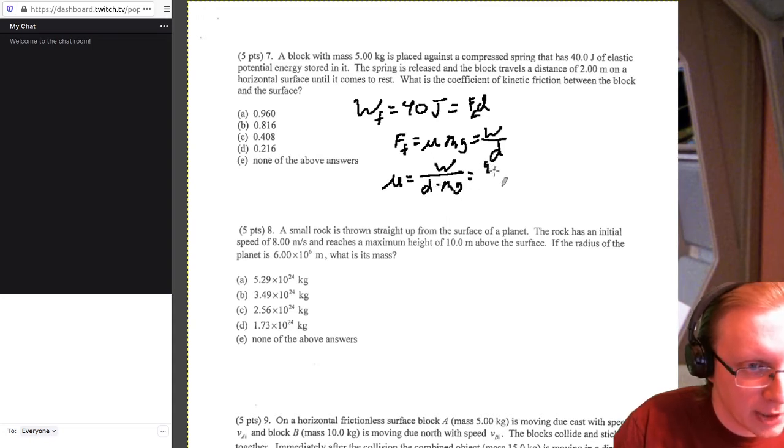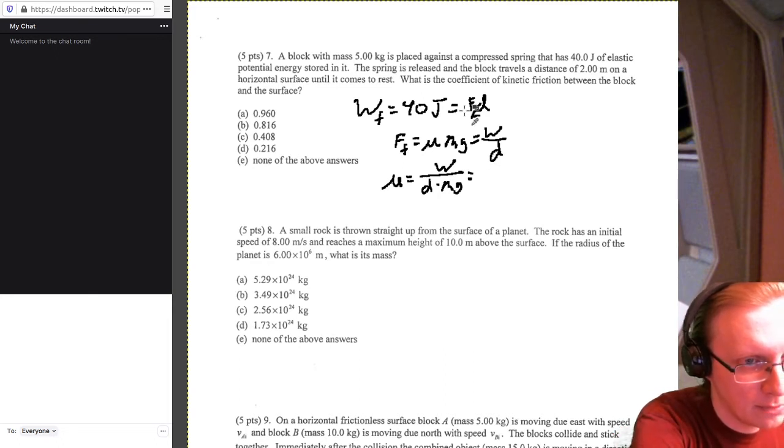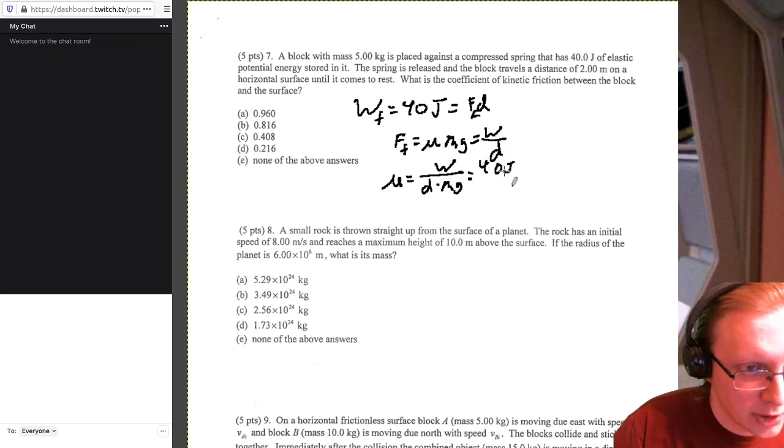So that's 40 joules divided by the distance traveled, 2 meters, times the mass of 10 kilos, times gravity 9.8 meters per second squared.